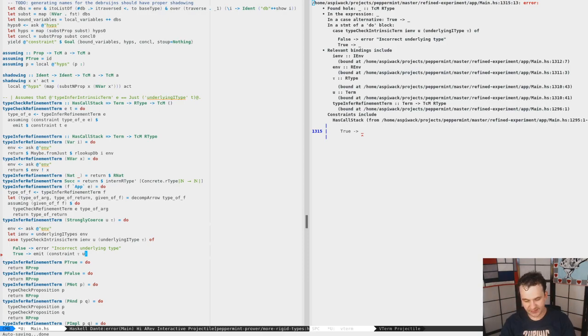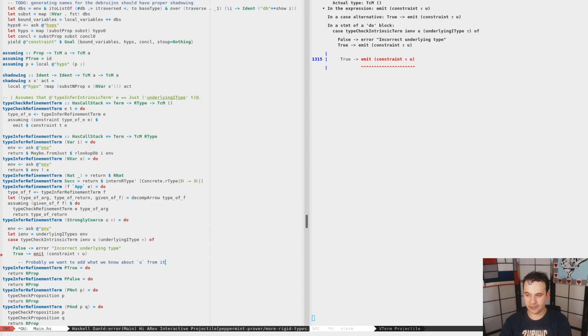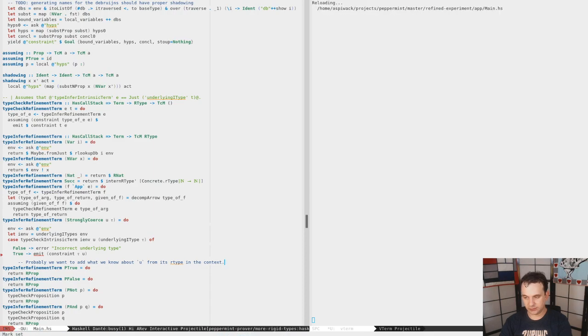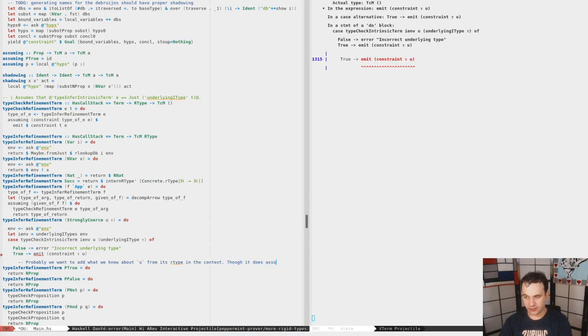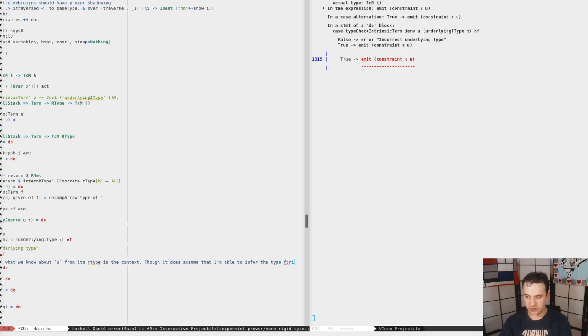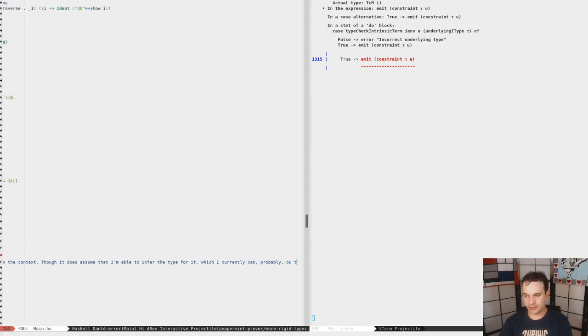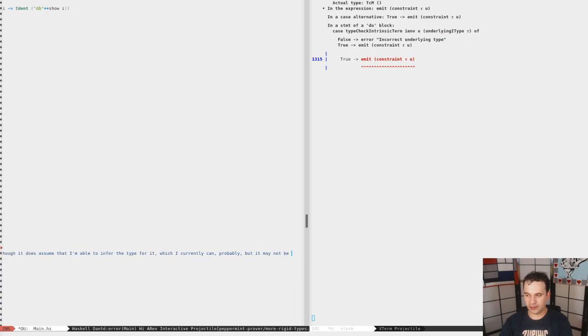This is a bit speculative, but anyway, let's start with this. And interesting. Probably we want to add what we know about u from its type, from its R type in the context. Though it does assume that I'm able to infer the type for it, which I currently can, probably, but it may not be a robust assumption.